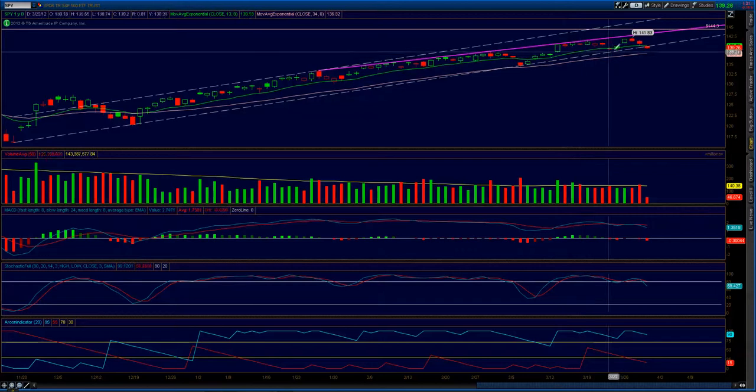It's been in this uptrend channel, and every time we were starting to see some divergence, because it was creating this uptrend line that was diverging from the actual uptrend channel.